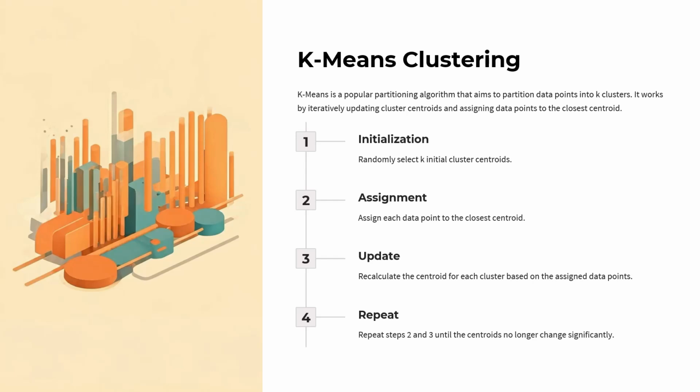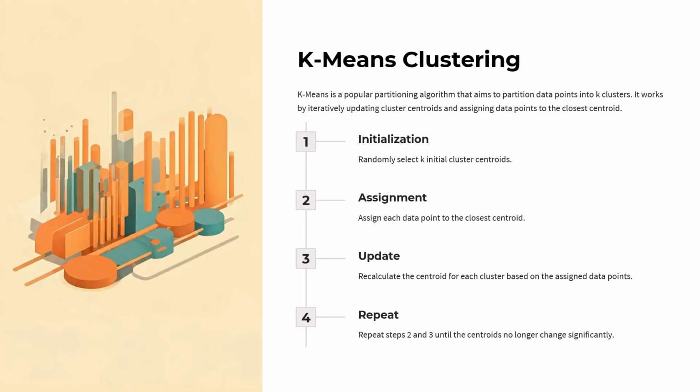K-means aims to partition data into k distinct clusters, where each data point belongs to the cluster with the nearest mean. The process involves four key steps: initializing, randomly select k initial centroids; then assignment, assign each data point to the nearest centroid forming clusters; then update, calculate the new centroids as the mean of the points in each cluster; then repeat the assignment and update steps until the centroids stabilize, meaning they no longer change significantly.